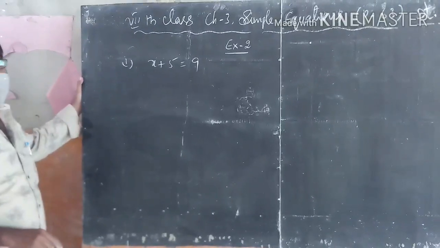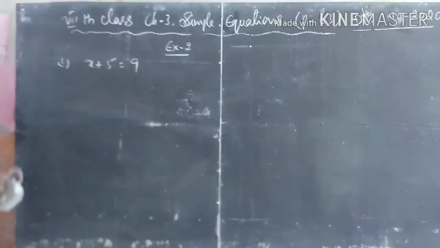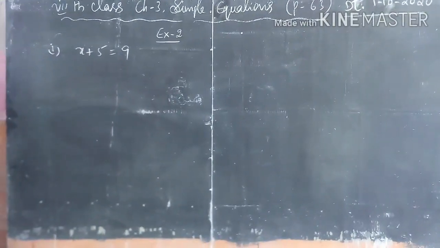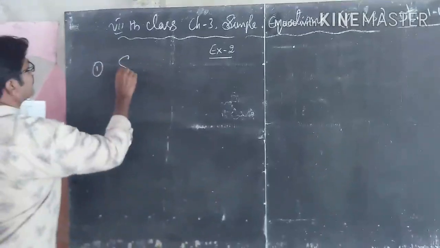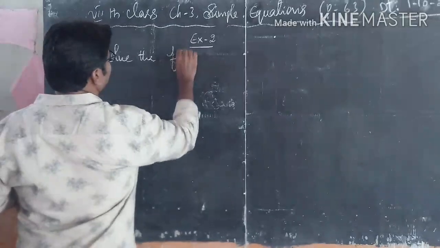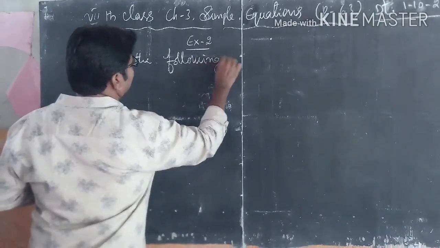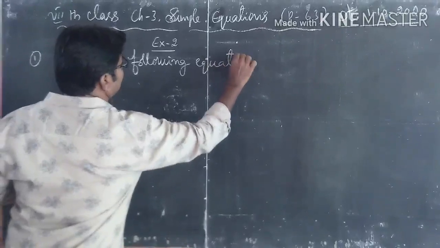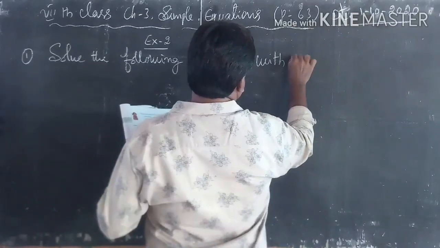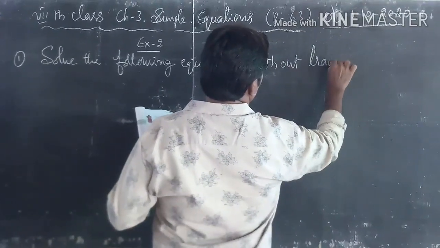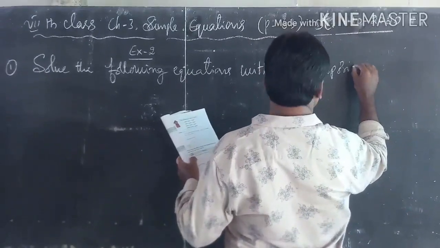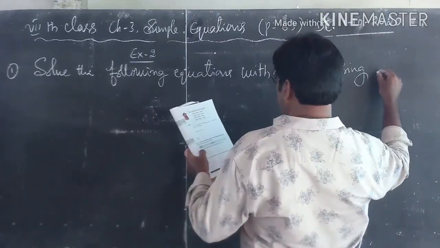Next, exercise 2. First sum, x plus 5 is equal to 9. Solve the following equations without transposing and check your result.